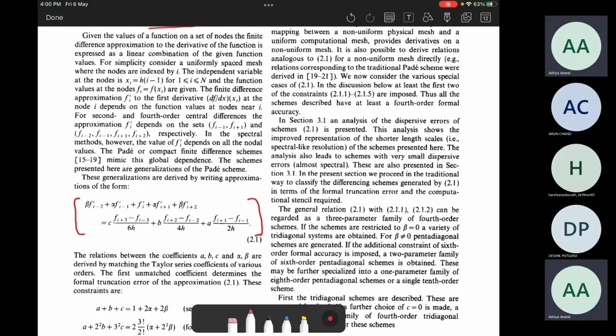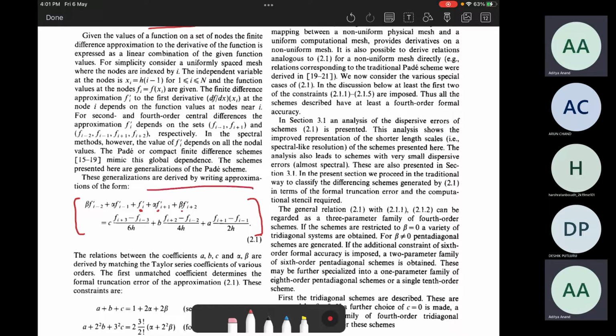So these f primes are first derivatives of these functions. And let's say you want your derivative to be at the ith point. So this is what you want, the derivative at the ith point. For that you need to have your derivative at the I plus first point, I plus second, that is a point ahead of you.